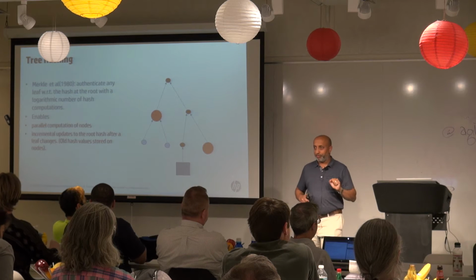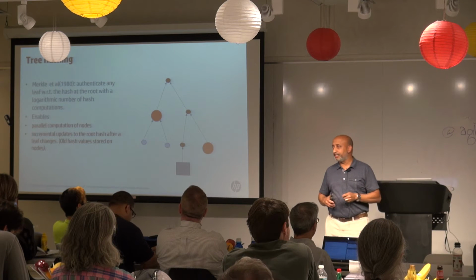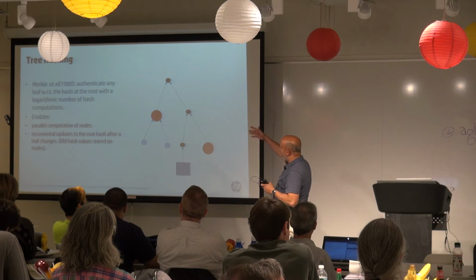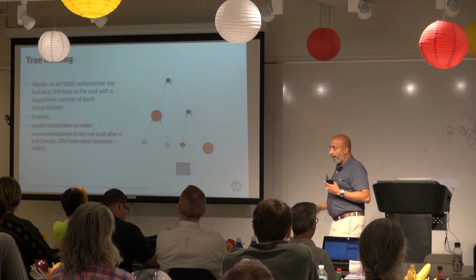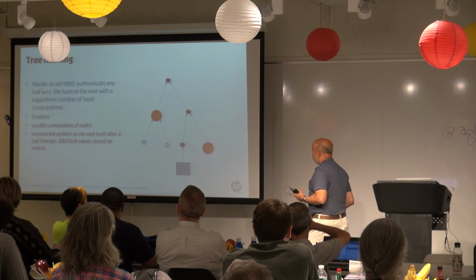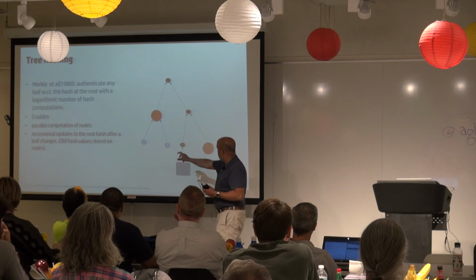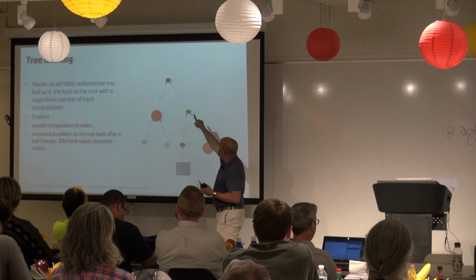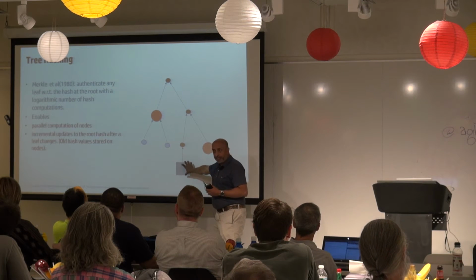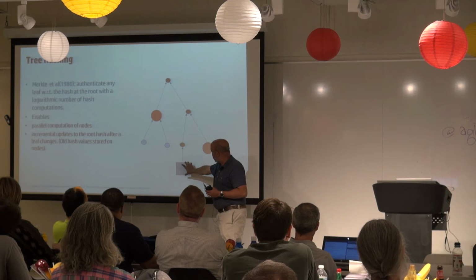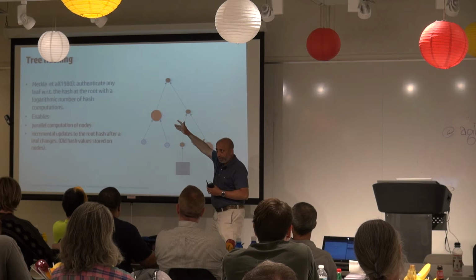Now, a little bit of tree hashing. What exactly is tree hashing? So far, I hadn't said anything about it. Basically, it was introduced by Merkle and his co-authors. The idea is that you should be able to keep the hash of a bunch of things as leaves, and you should be able to authenticate any leaf by just starting the computation of a hash at a leaf and then go one step up at each time.